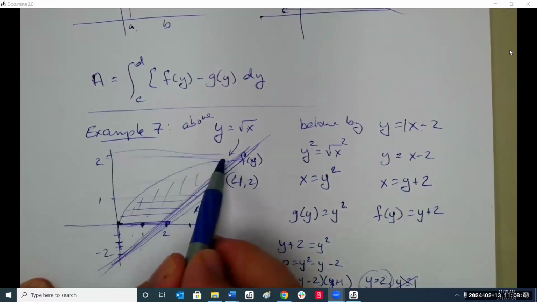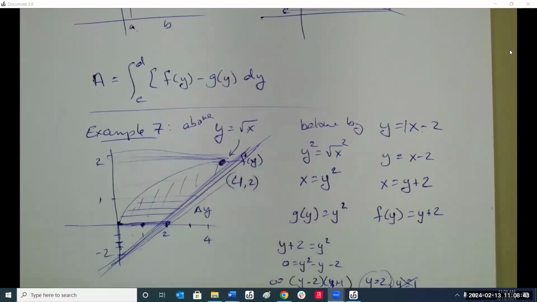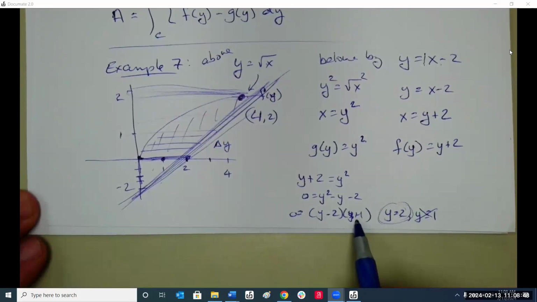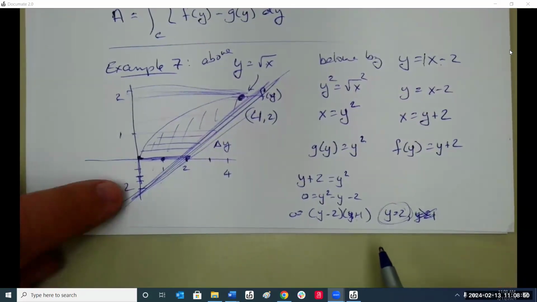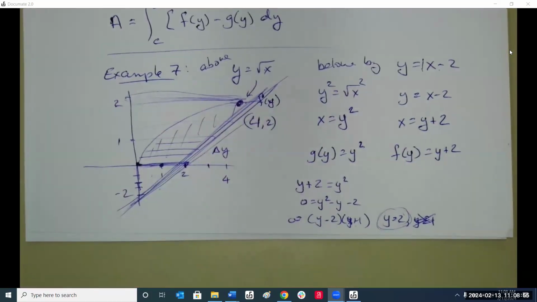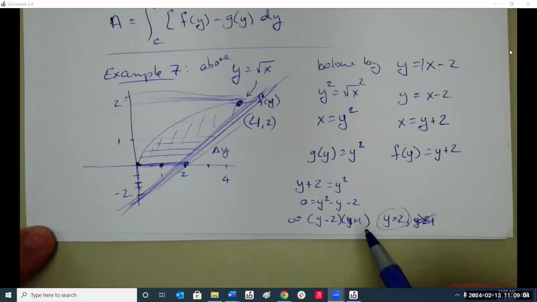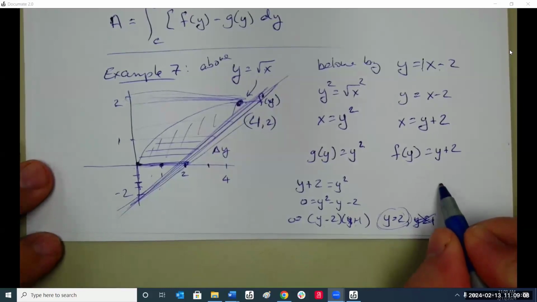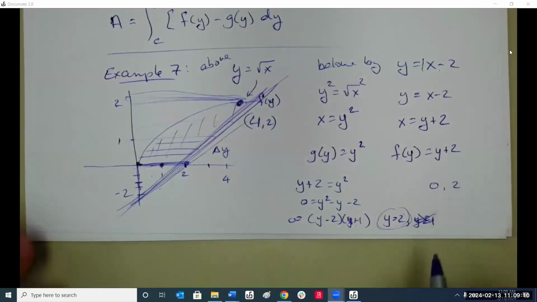That's all we're looking for right here. Since we factor these out, we can't use negative 1. We only want in the first quadrant. Okay, so our bounds are going to be from 0 to 2. Those are the y values.